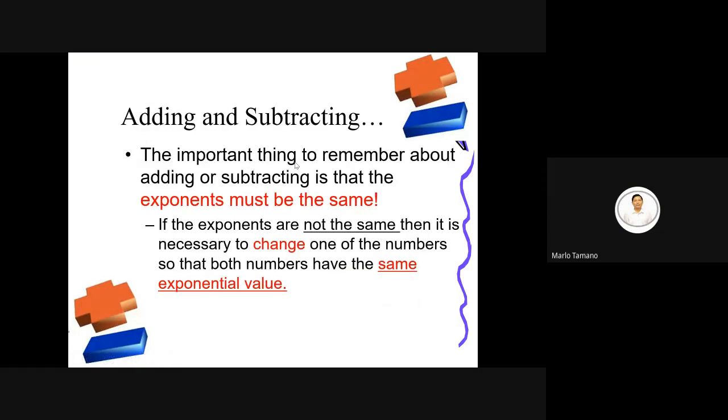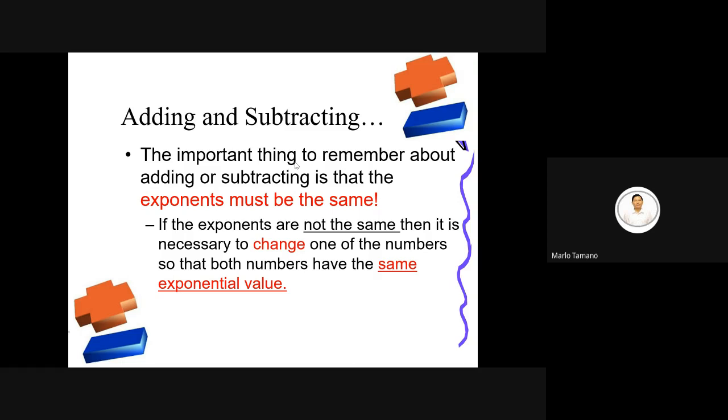Adding and subtracting, the important thing to remember is that the exponent must be the same. If the exponents are not the same, then it is necessary to change one of the numbers so that both numbers have the same exponential value. Ayan po yung kaya nagmo-move tayo.